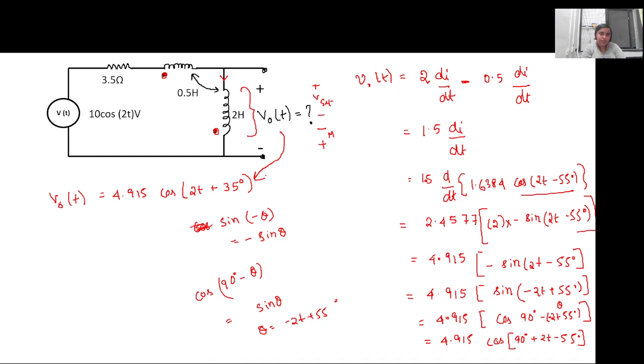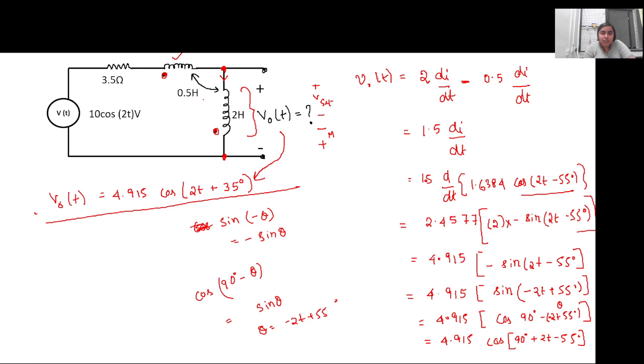Everyone getting this? Yes, ma'am. Ma'am, can we also write V naught equal to XL multiplied by IS? V naught is only the voltage across this particular inductor, while XL will include this inductor too.